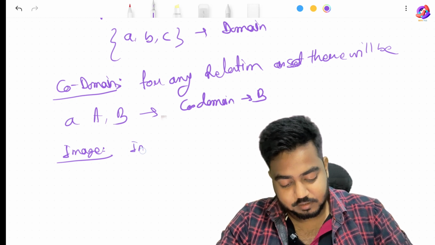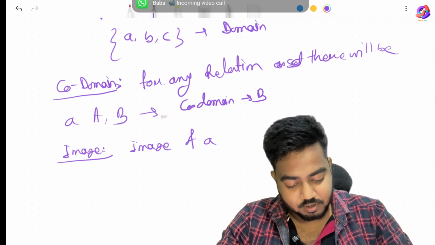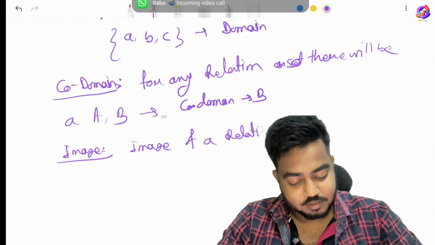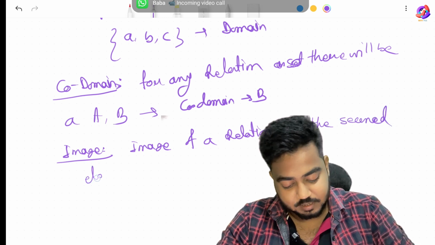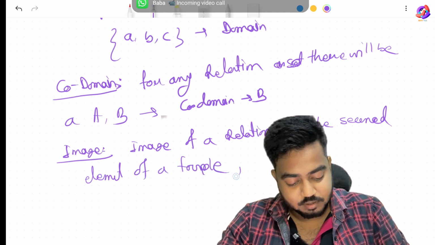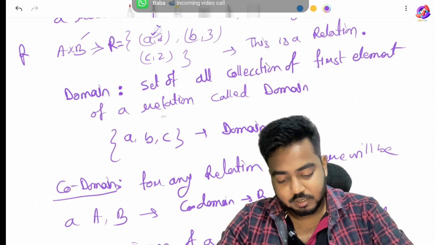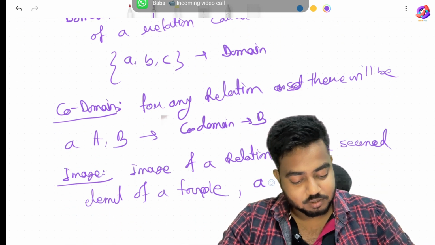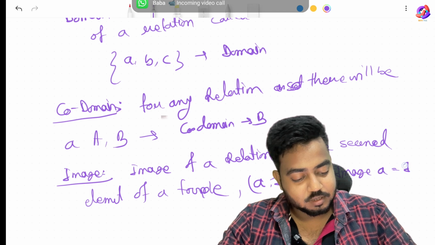Now let's talk about the image of a relation. The image is the second element of a tuple. Let's give an example: for A comma 1, the image of A is equal to 1.